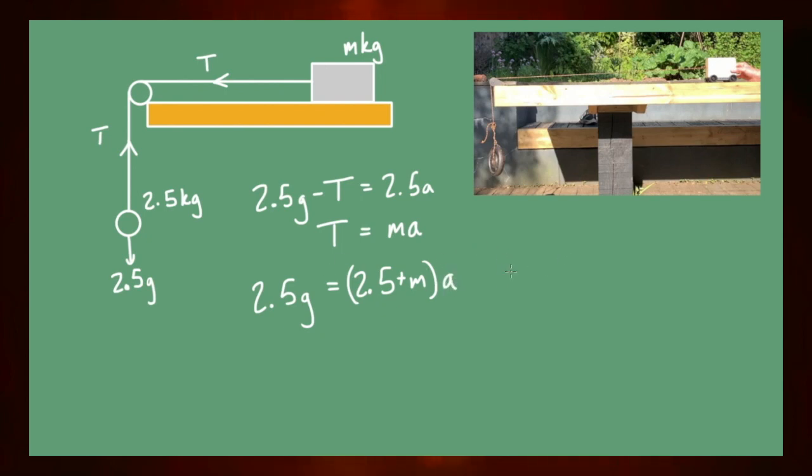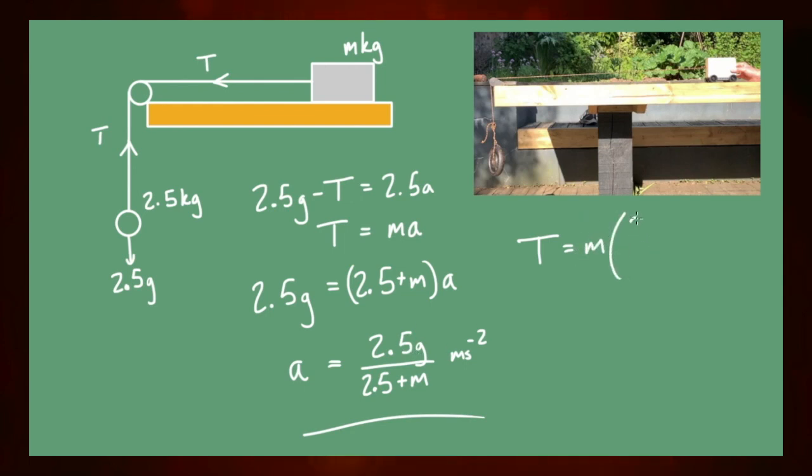So this gives me a formula for my acceleration: the driving force divided by the total mass. Okay, so this is important. And with this in mind, the tension is then dictated by multiplying m by this acceleration.